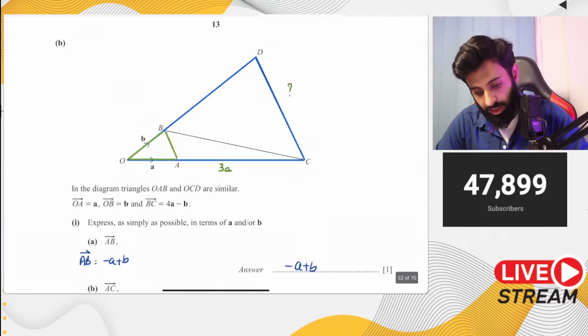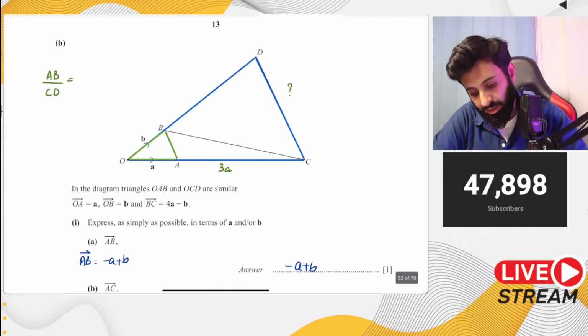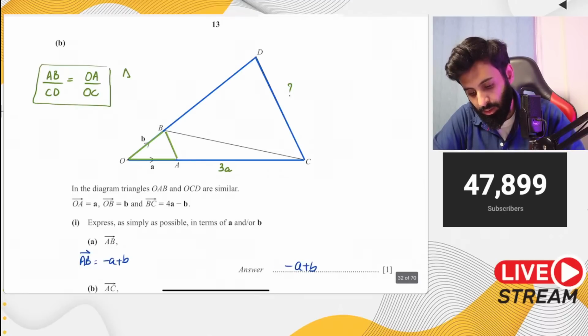That means AB and CD will be in the same ratio as OA and OC. Why is that? That is because this is true because triangle OAB and triangle OCD are similar.